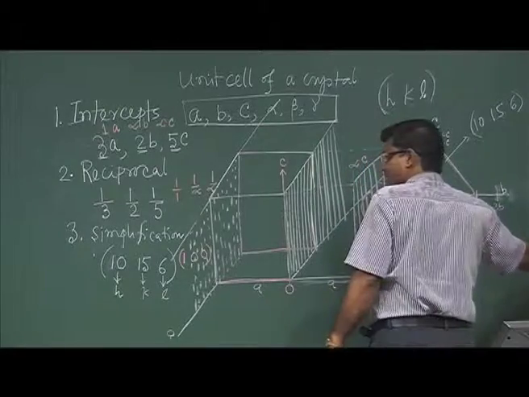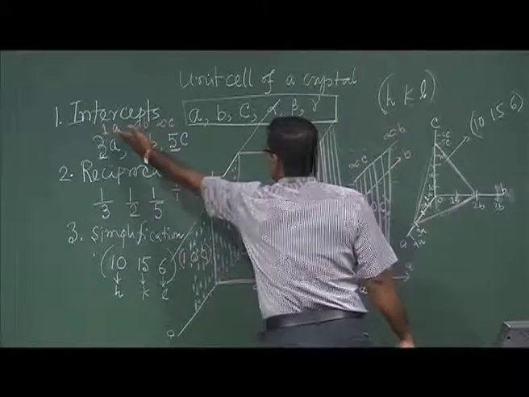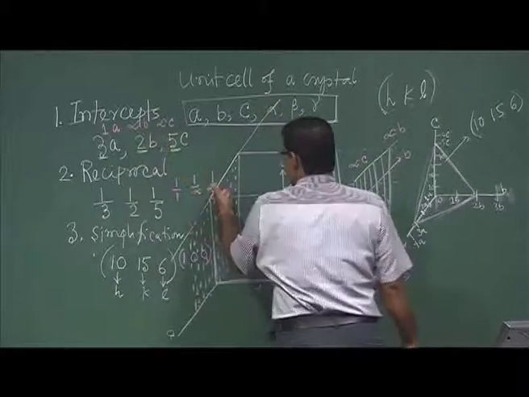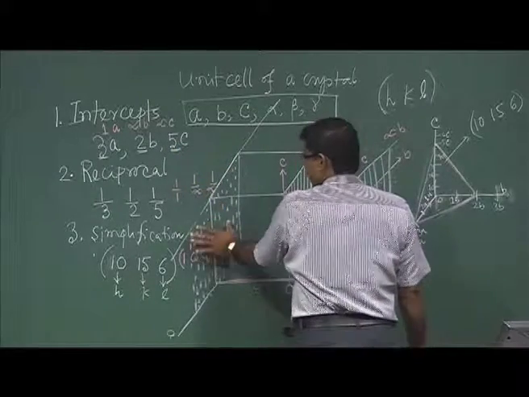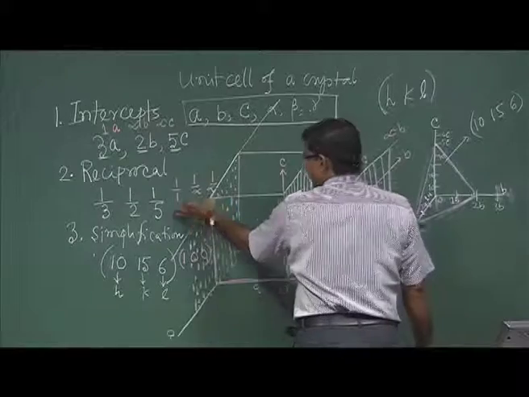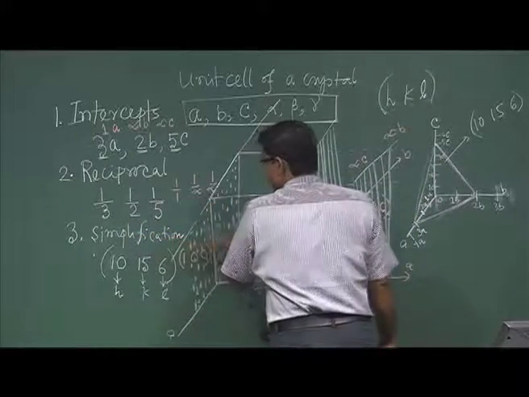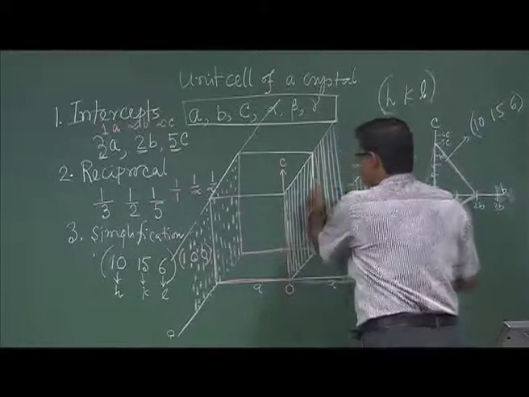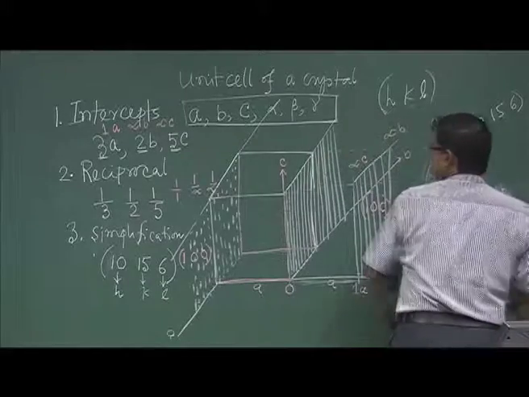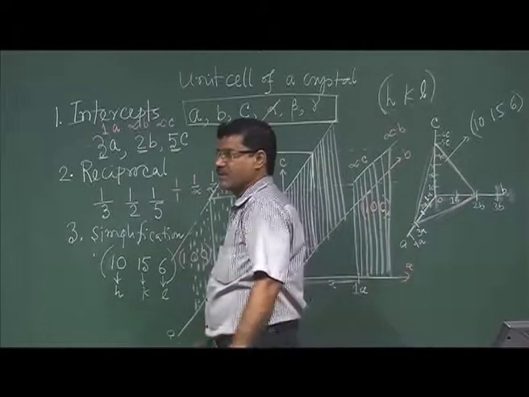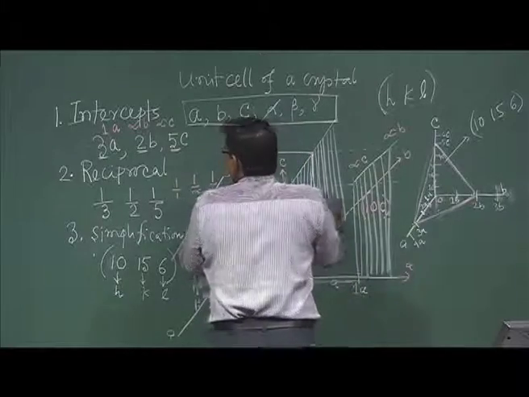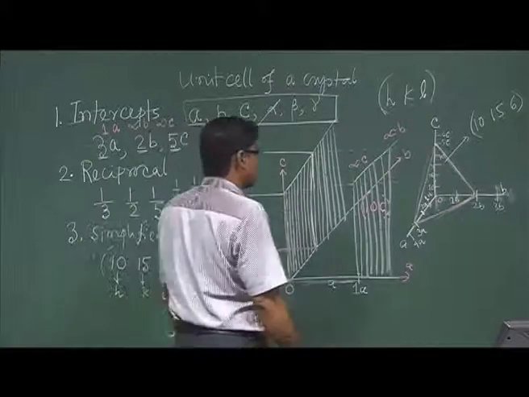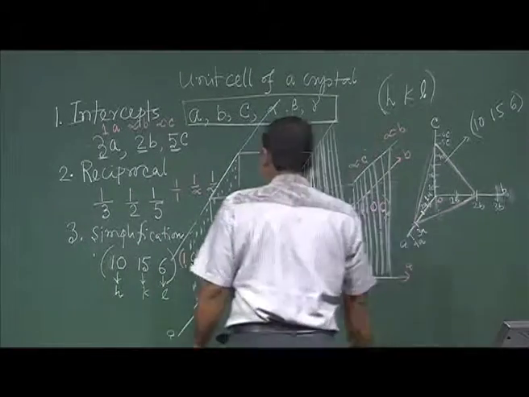The next parallel plane cuts at 3A, infinity B, infinity C. Again 1 by 3, 1 by infinity, 1 by infinity, and after simplification it gives 1 0 0. So all these planes give 1 0 0. That is why I told you a set of parallel planes represents one crystal plane, and that is 1 0 0.